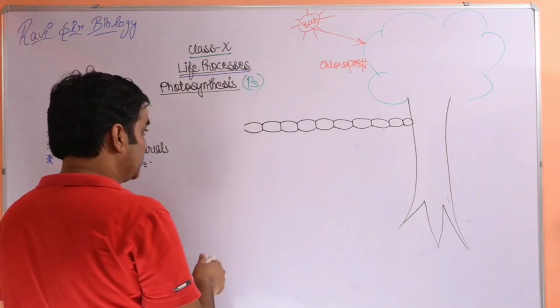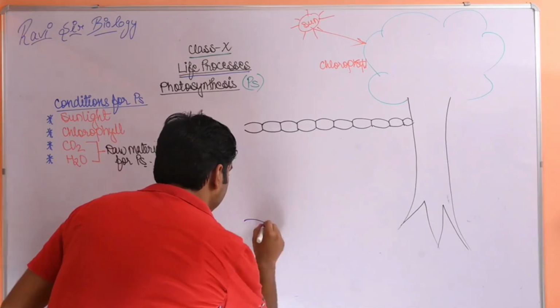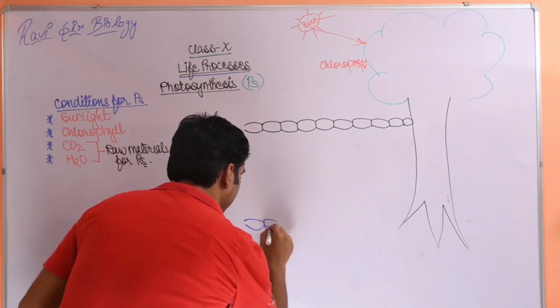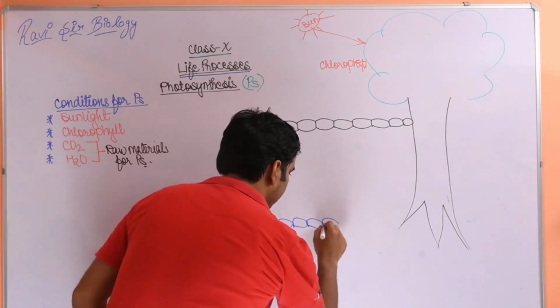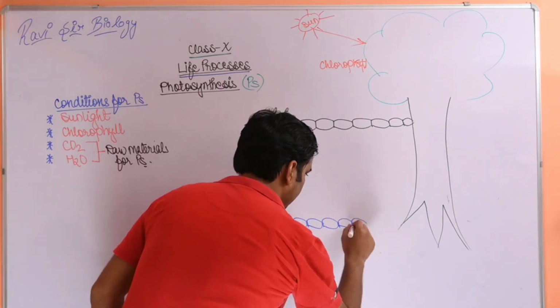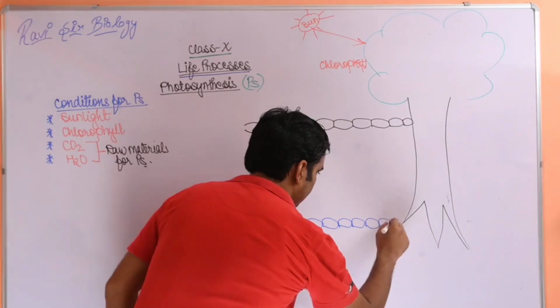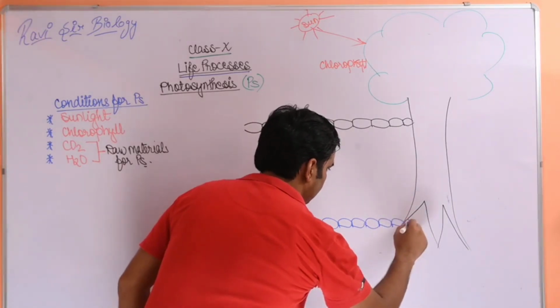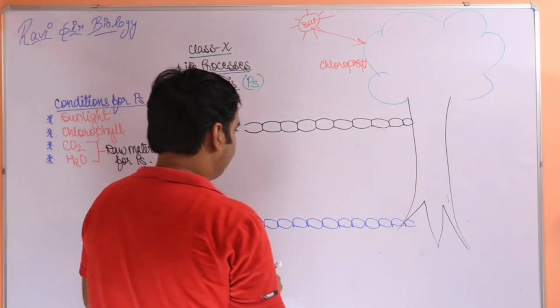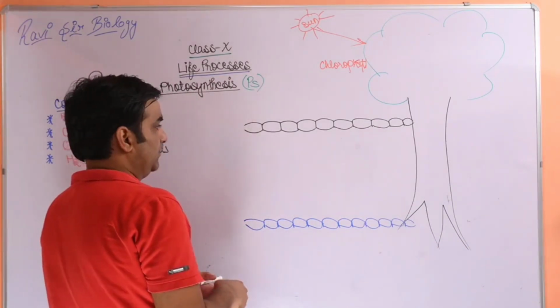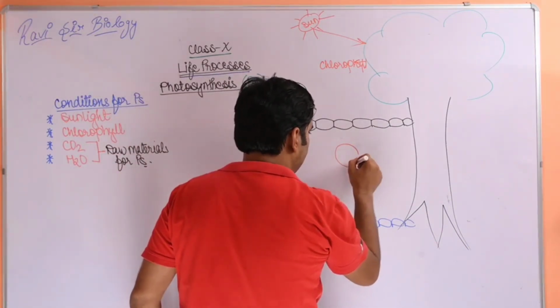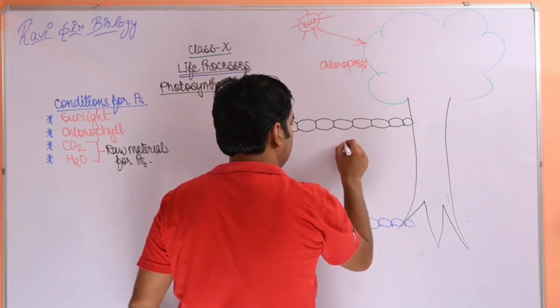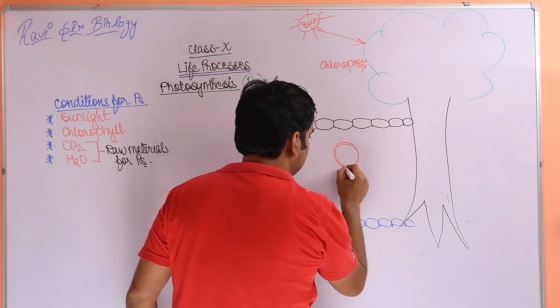This is epidermis. This is endodermis. Somewhere in between these, the conducting tissues are present.